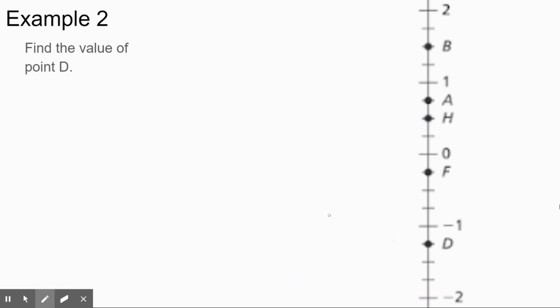Now let's do the same thing, but for point D. This time, D is down here, which means it's going to be a negative number because it's between -1 and -2. Now, you might be very tempted to say, well, let's just make a box, as we do, and use this same strategy that we just used.